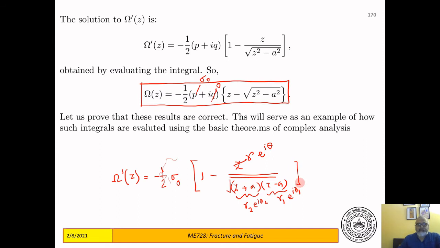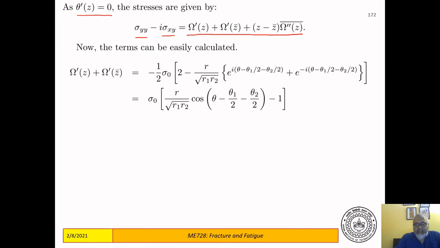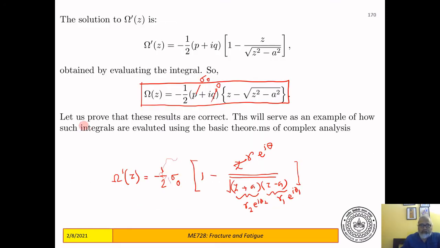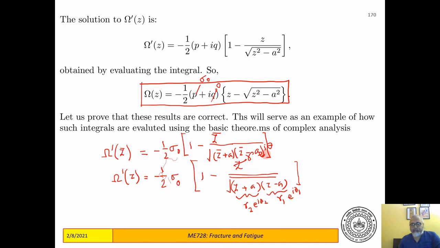Right? And then you can express, and you do it accordingly.